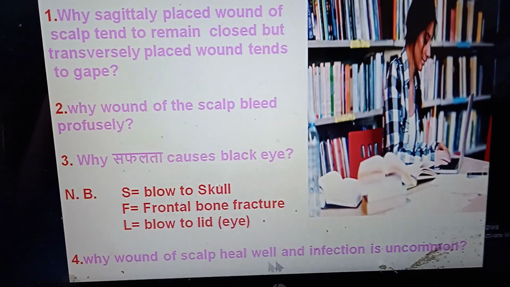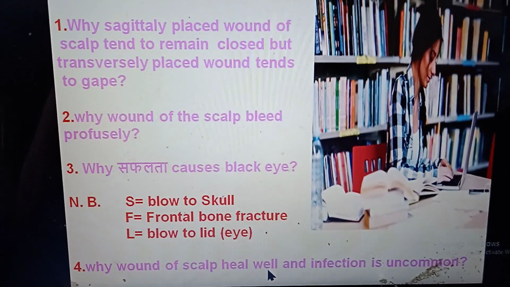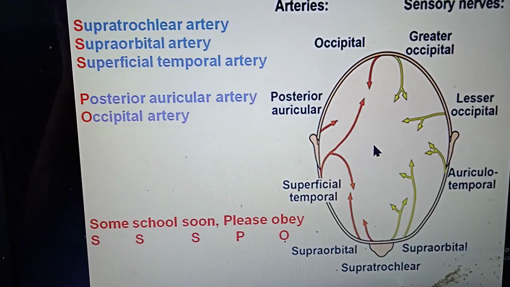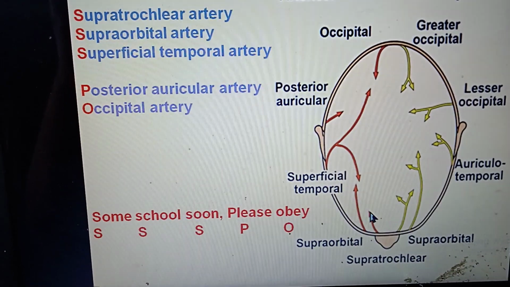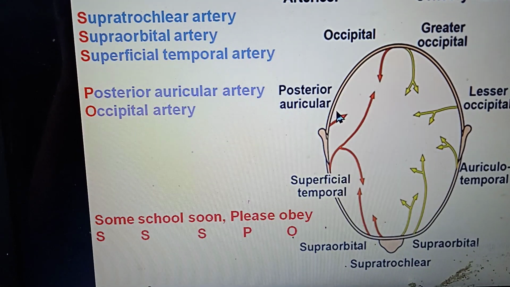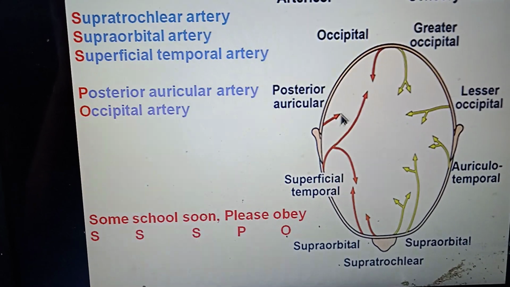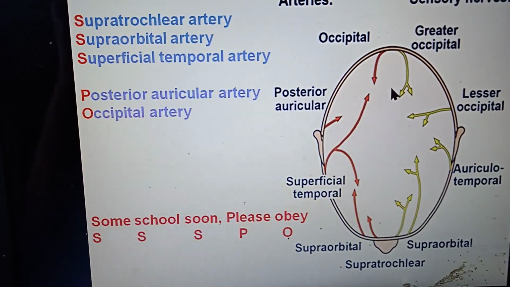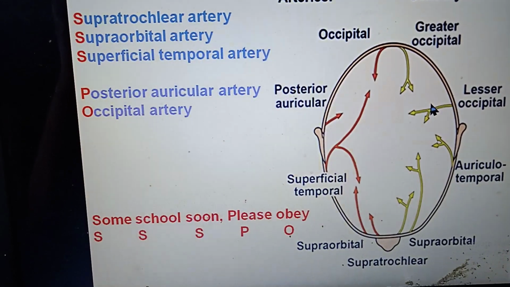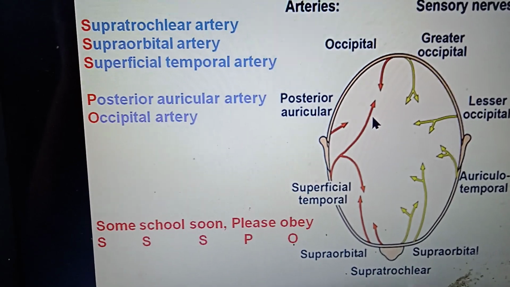Now fourth one is, why wound of scalp heals well and infection is uncommon? Because of the arterial supply, what we have seen here: the supratrochlear and supraorbital are the branches of the internal carotid, and these three, superficial temporal, posterior auricular and the occipital, are the branches of external carotid artery. Also the arterial supply of this side is the same as that of here, and they anastomose with each other in the middle.